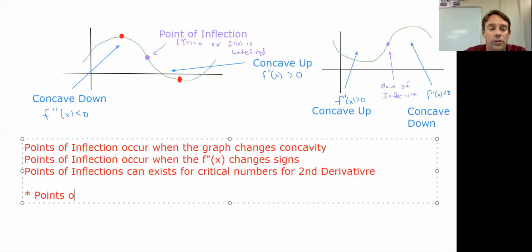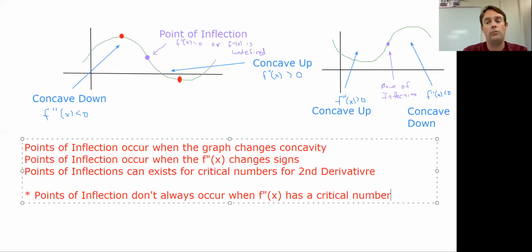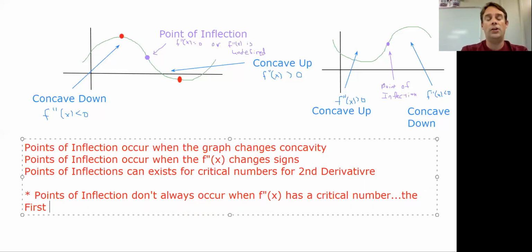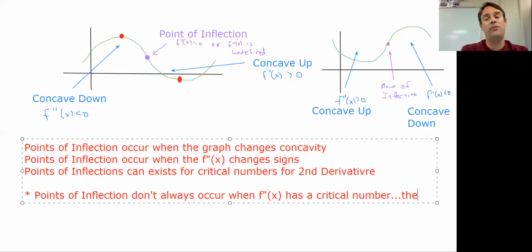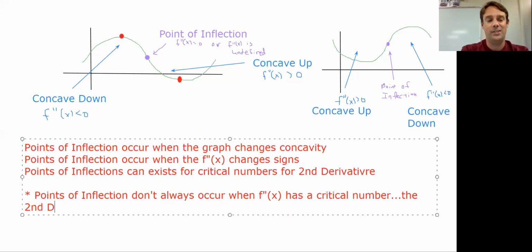So points of inflection don't always occur when the second derivative is a critical number, just like we didn't always have a relative extrema when the first derivative was a critical number. The first derivative must change sign. The second derivative must change signs.